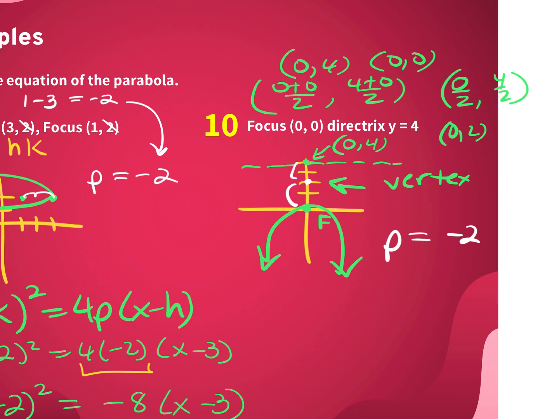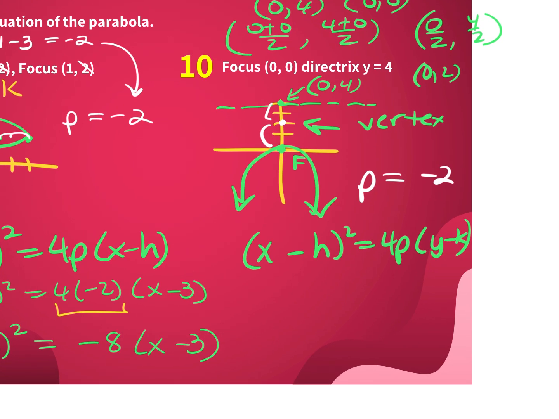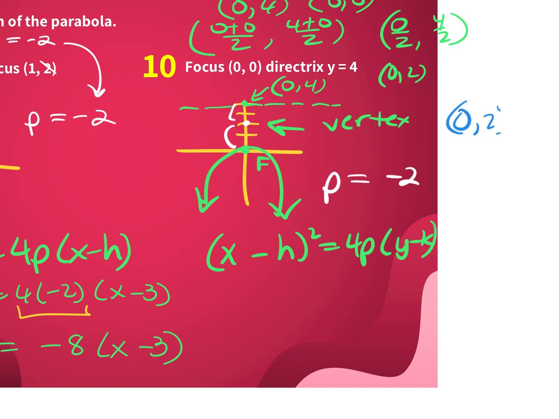So it's the upside down u. My equation I'm filling in is x minus h squared equals 4p times y minus k. So let's fill it in. Over here, 0, 2 is the vertex, so this is h, this is k.